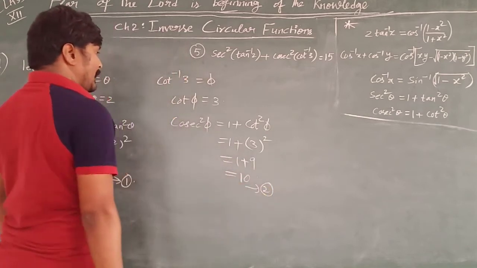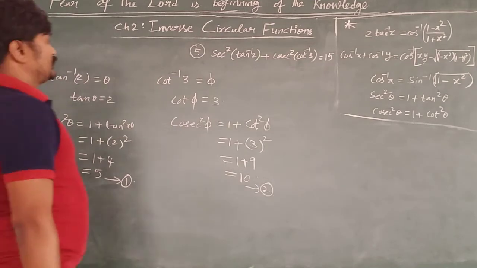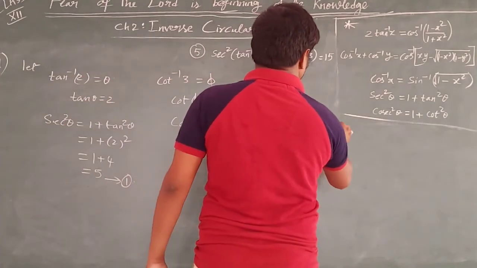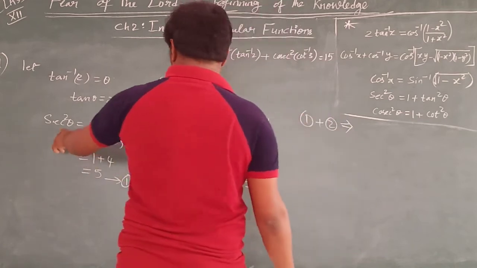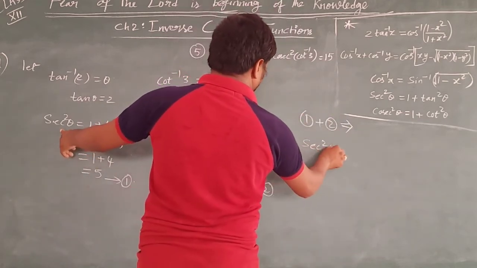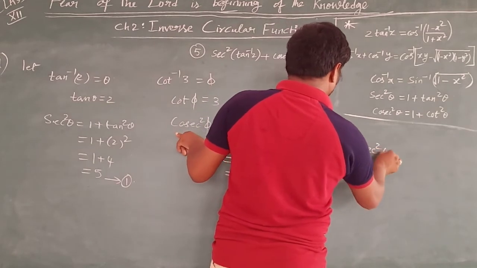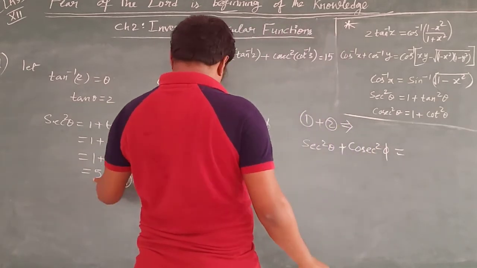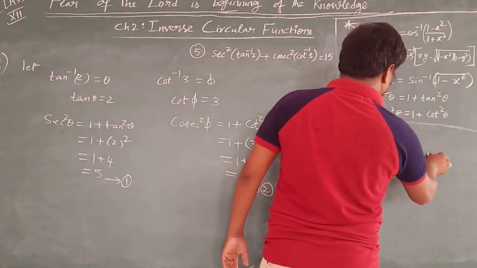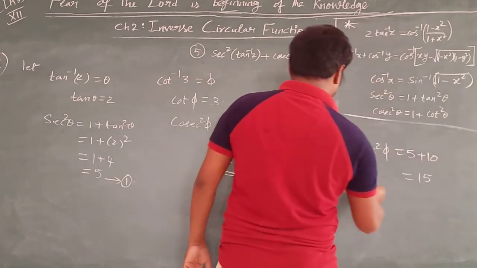Equation number 2. Now what I do is add 1 and 2. So secant square theta plus cosecant square phi is equal to 5 plus 10, which is nothing but 15.